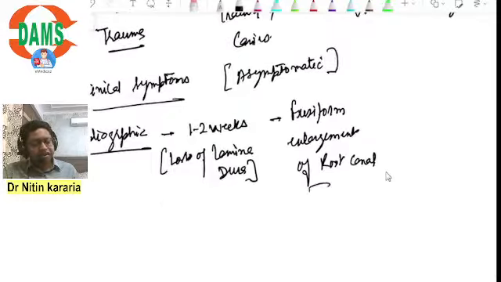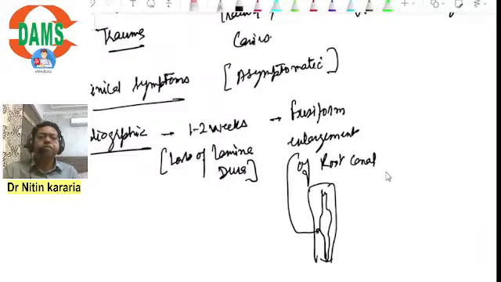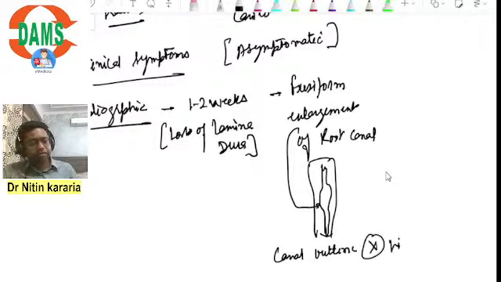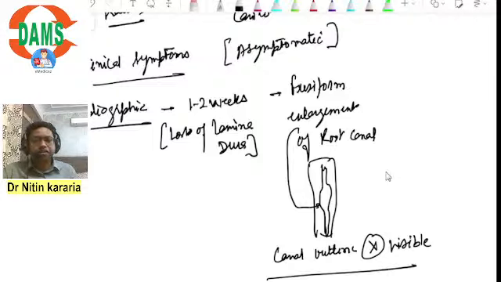Fusiform means if this is a tooth, the root canal would be enlarged like this, a bulbous enlargement, through which the canal outline is not visible. We cannot see the outline of the canal through the lesion. It is an important diagnostic sign.